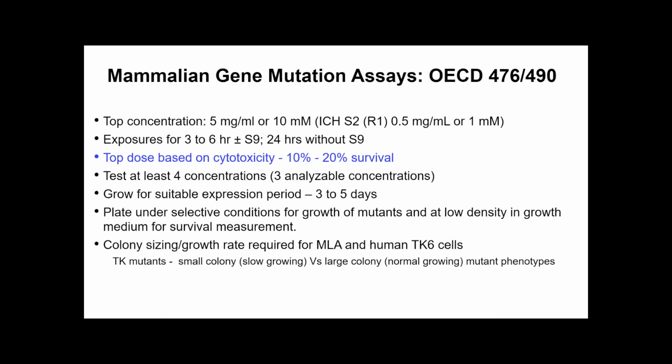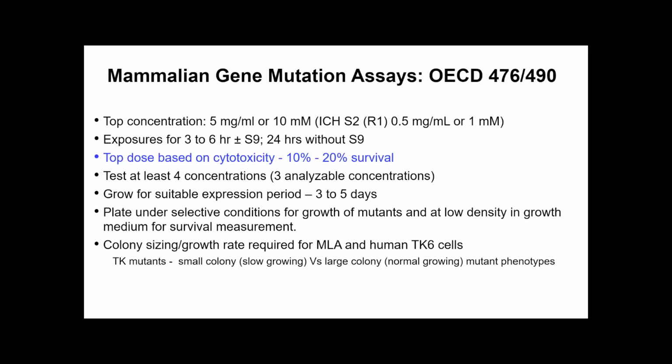And finally, you grow and select, and at the end of the day, for certain loci, like the thymidine kinase locus, you form 2 kinds of mutants. One are referred to as small colony mutants, and these are believed to be due to TK mutations within that gene.